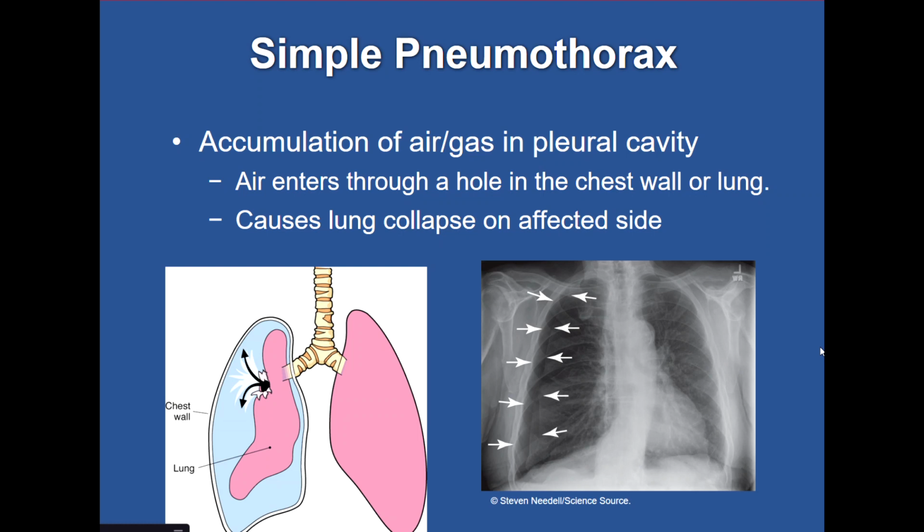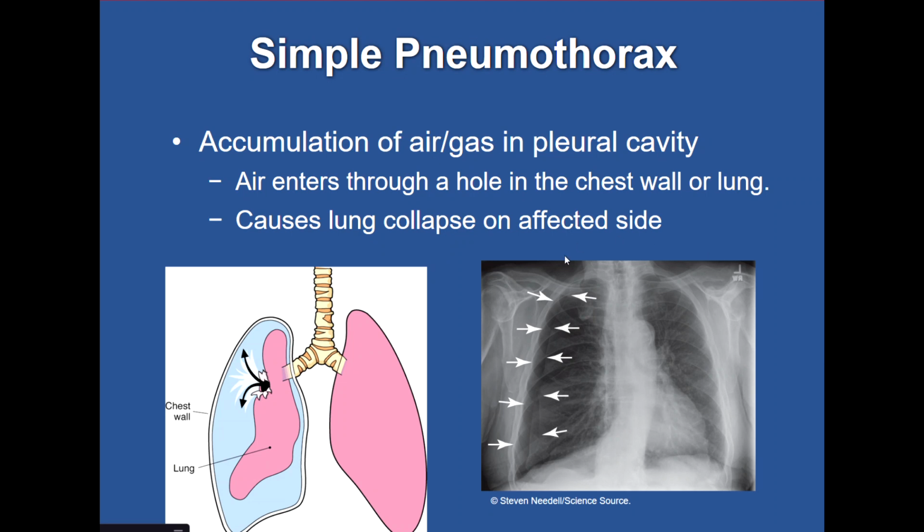A simple pneumothorax is just that. There's no opening to the outside. It can actually often just heal up on its own, and they'll just watch the person, unless it's a significant hole, and then we'll watch for it to go to a tension pneumothorax as well.